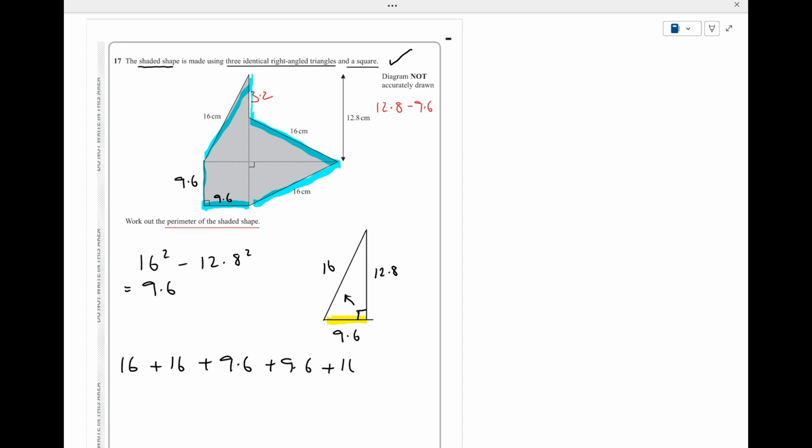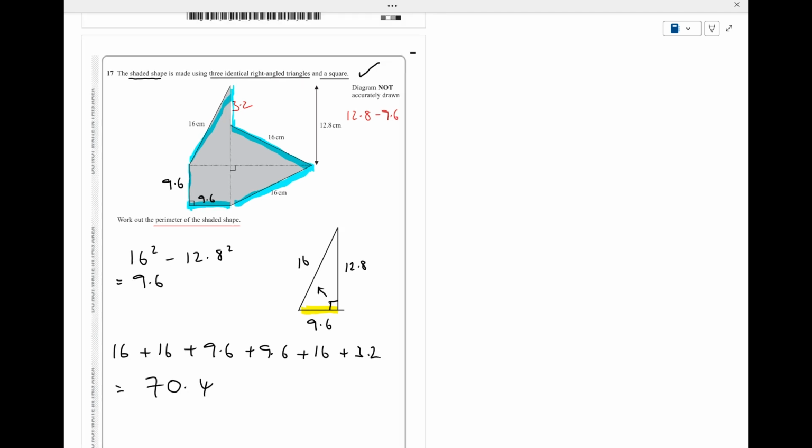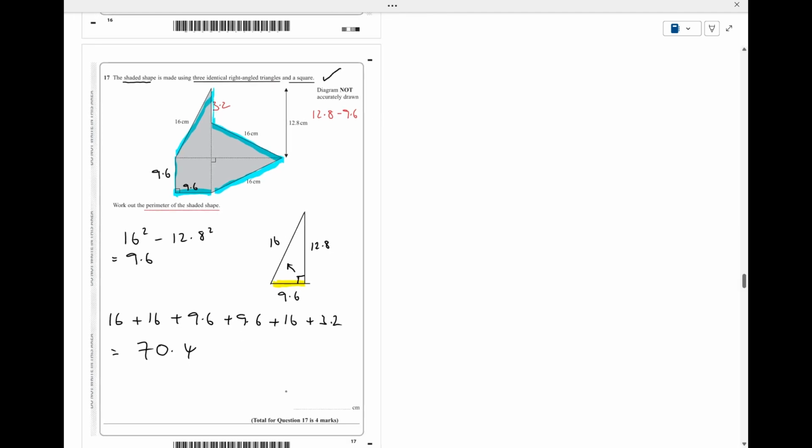Plus 16 plus 3.2. I'm just going to put that into my calculator now. 16 plus 16 plus 9.6 plus 9.6 plus 16 plus 3.2 gives me 70.4 centimeters. And that is my answer, 70.4 centimeters. And that's question 17.